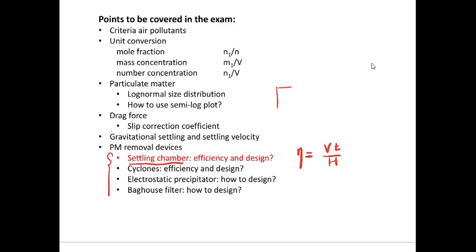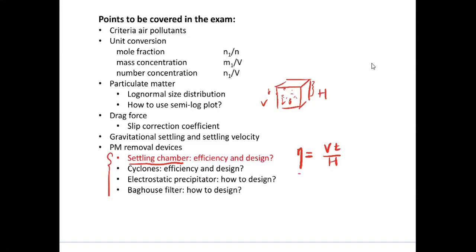If you recall, we have a cubed chamber filled with particles, and the particles will settle down with a certain velocity. That's the settling velocity. So the efficiency is basically how fast they settle down, multiplied by time, and then divided by the height of the chamber. If time is infinitely long, the efficiency will reach 100%, right?